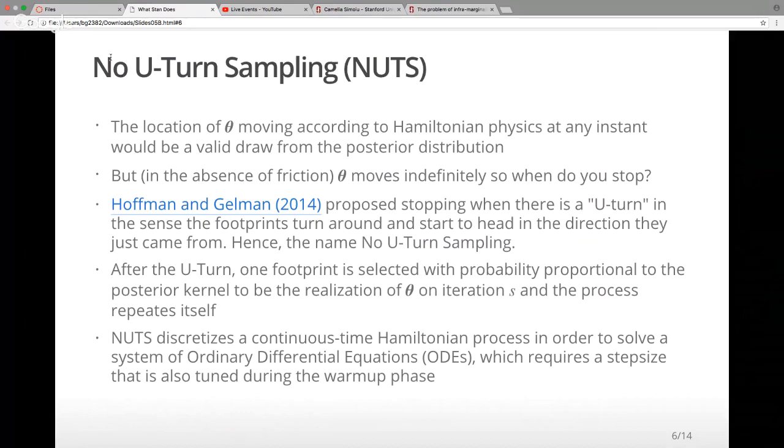So this is technically a continuous time process that we have to discretize in order to solve the system of ordinary differential equations that govern this Hamiltonian physics process approximately. The approximation is actually very good, but it requires a step size for these small discrete jumps that we're making, although you can make a bunch of them in each one iteration.